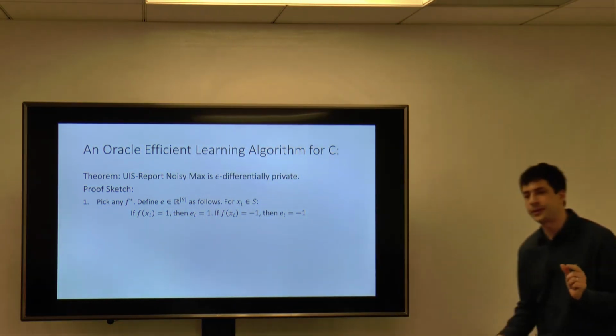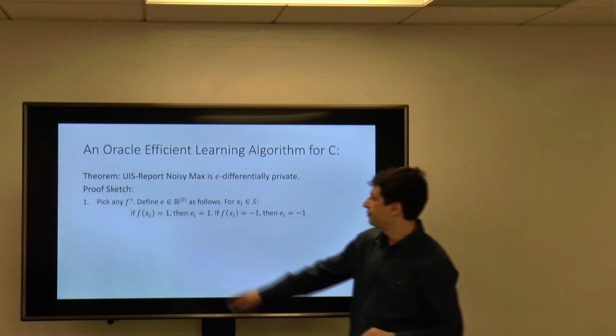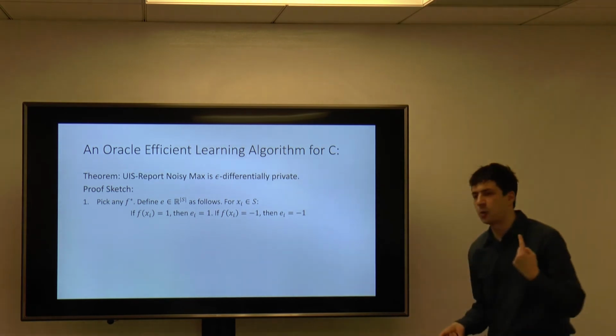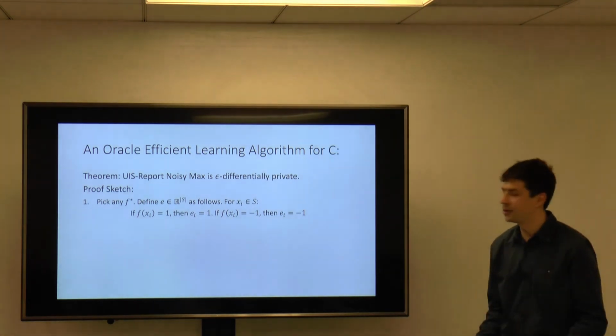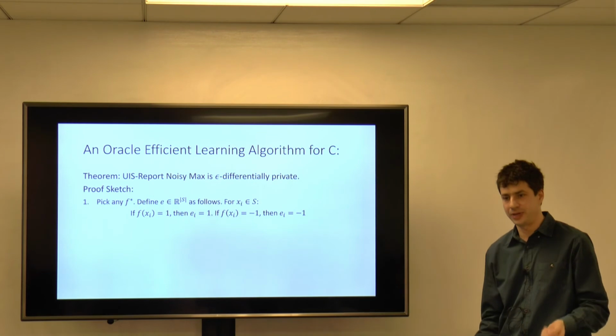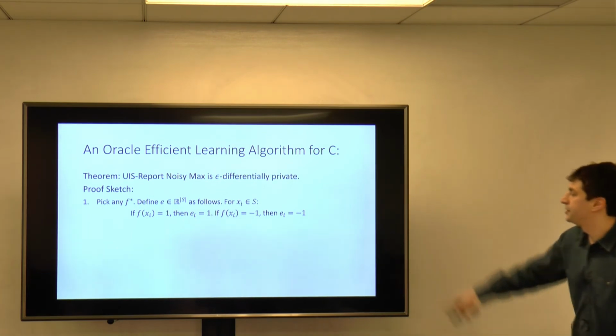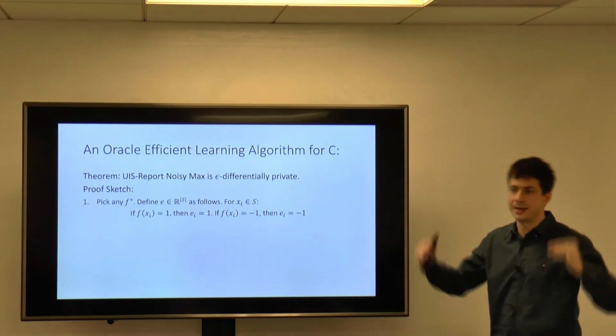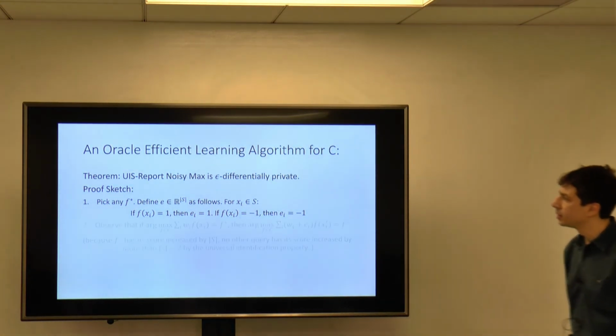And the vector of perturbations will be easy to define. Basically, for every element in the universal identification set, if f star labels it as a 1, then I want to perturb the random variable in that coordinate up by 1. If f star labels it as a -1, I want to perturb the variable in that coordinate down by 1. Okay.